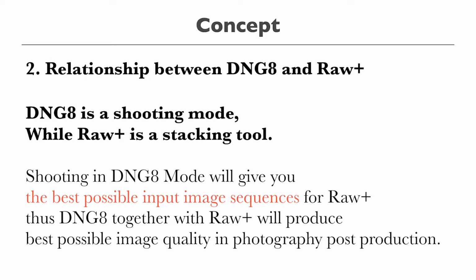Yes, and that's the relationship between the DNG8 and RAW Plus, which means that the RAW Plus can only have the best possible result on the basis of a DNG8 mode shot.